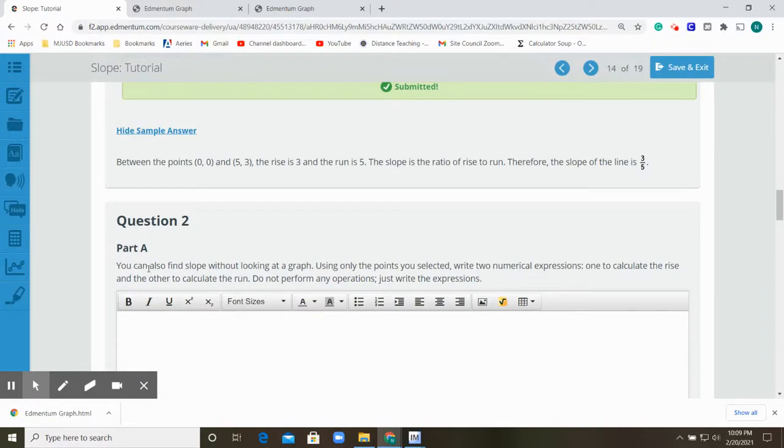Question 2. You can also find the slope without looking at the graph, using only the points you selected. Write 2 numerical expressions, one to calculate the rise and the other to calculate the run. Do not perform any operations, just write the expressions.